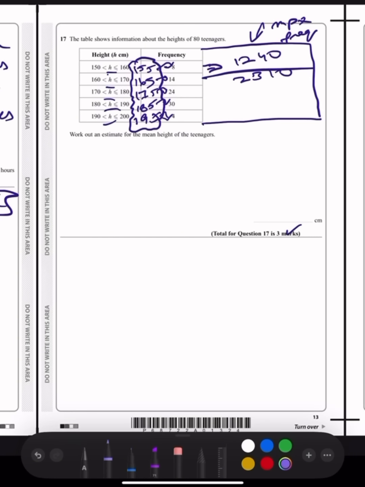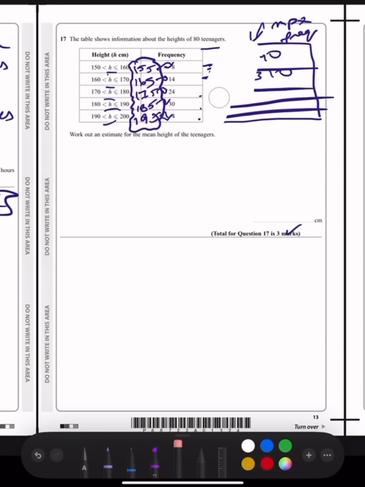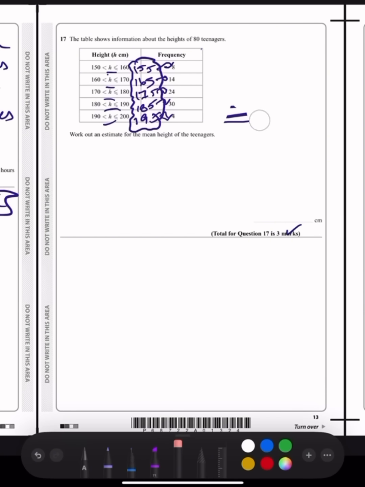So this is for different rows. So we've got 1 2 3 4 5, 1 2 3 4 5. I don't have enough space in my table, so I'll just write it as normal. But if you want to make a table, that's perfectly fine. If you don't want to make a table, that's completely fine as well.